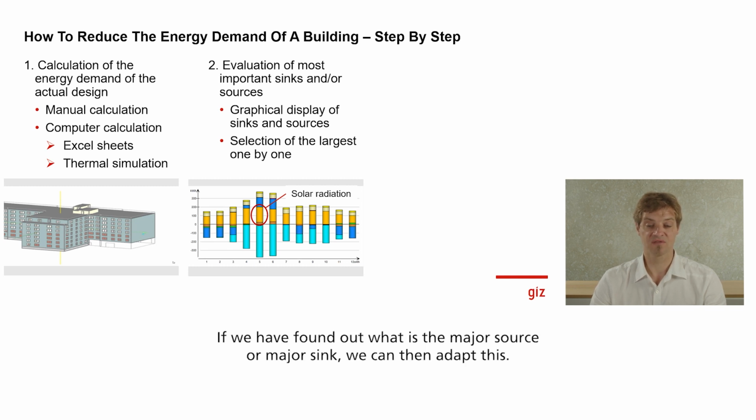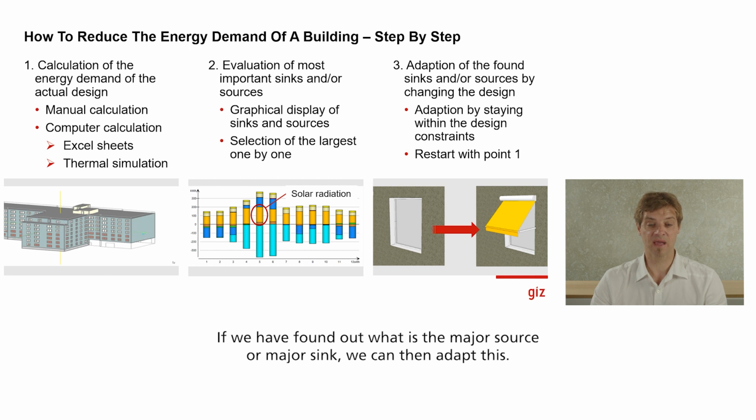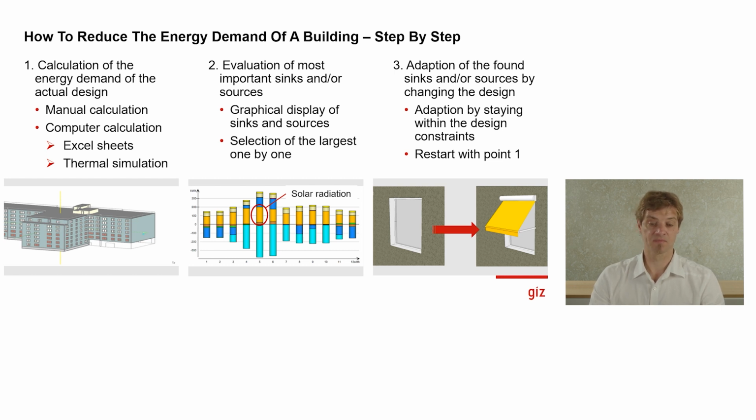If we have found out what is the major source or major sink, we can then adapt this. In this case, for example, the solar radiation is the main source that we have. So what we can do now is adapt that.